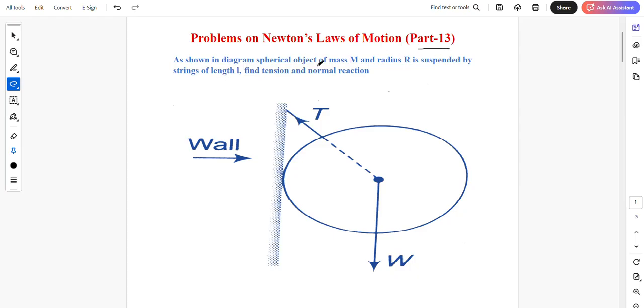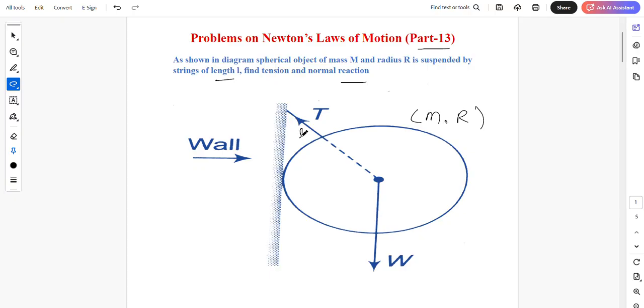As shown in the diagram, a spherical object of mass m and radius r is suspended by a string of length L. Find the tension and normal reaction. Now this is the string which is having tension T. This is the length of the string.